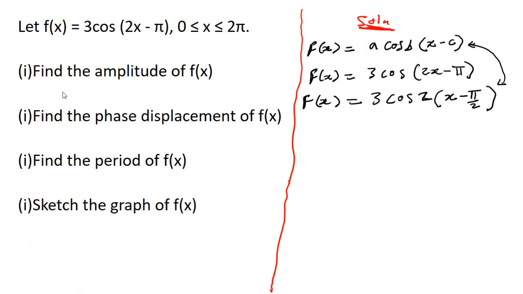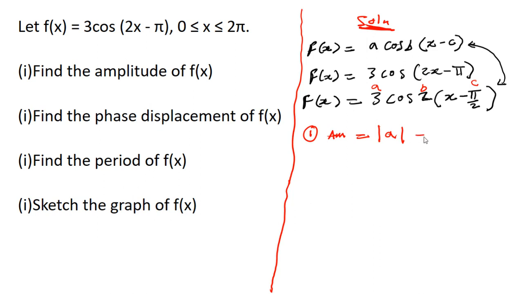So now let's quickly look at A. A is saying the amplitude. The amplitude is just simply equal to the modulus of a. If you look at this expression, this is your a, this is your b, and that is your c.